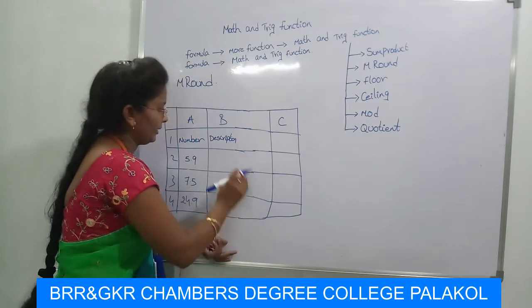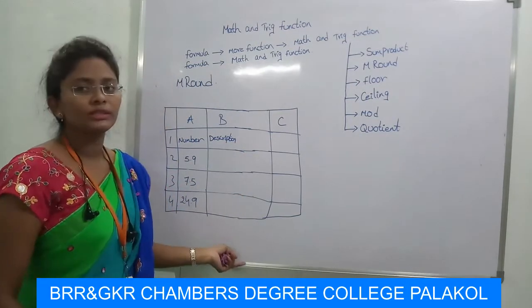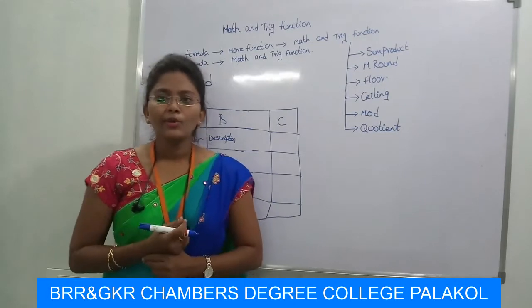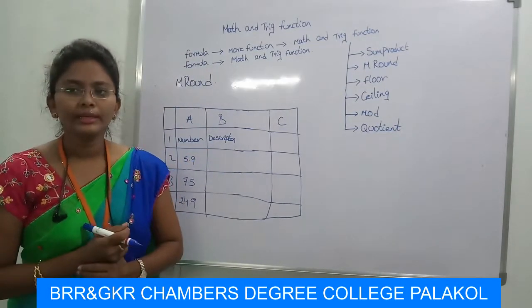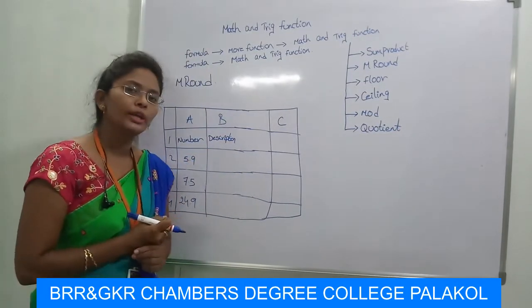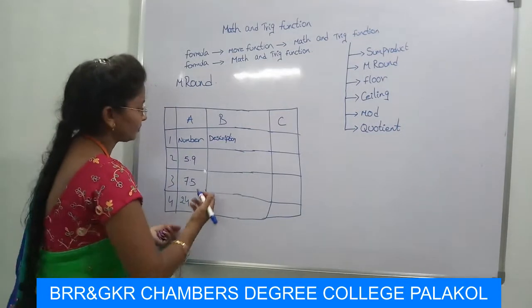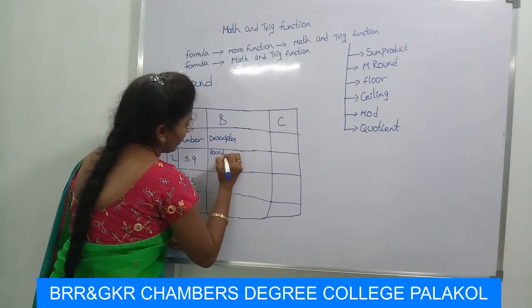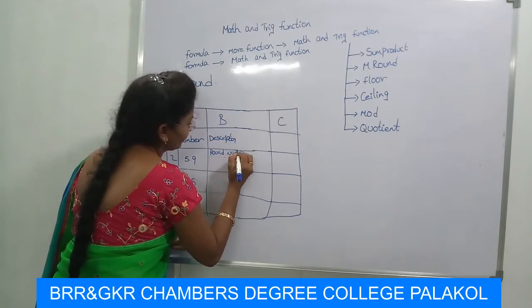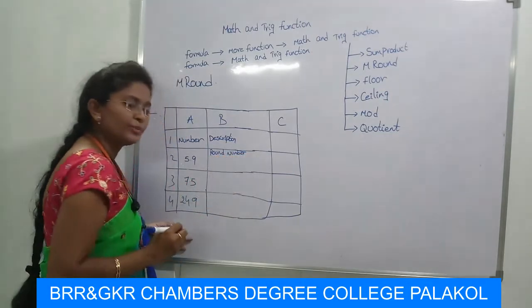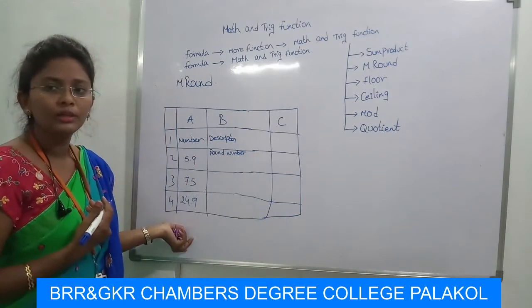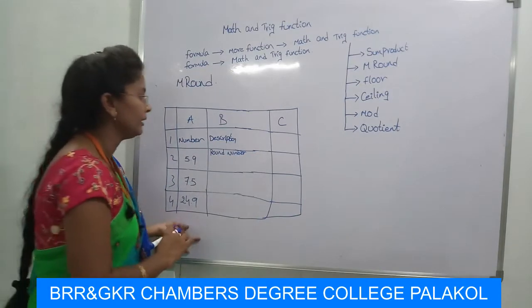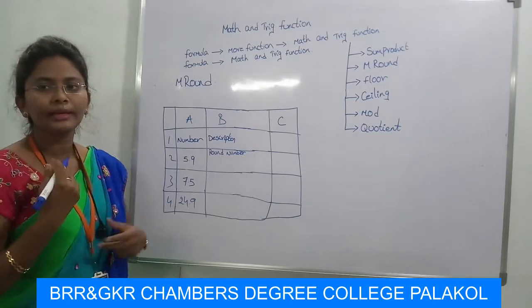The first description is round number to the nearest multiple of 1. Round number must be to the nearest value, or you can take it as nearest value.